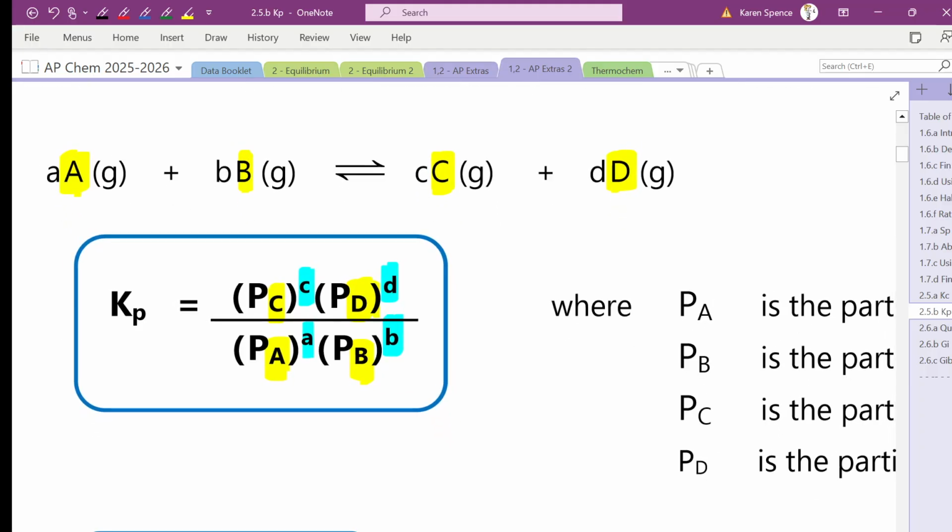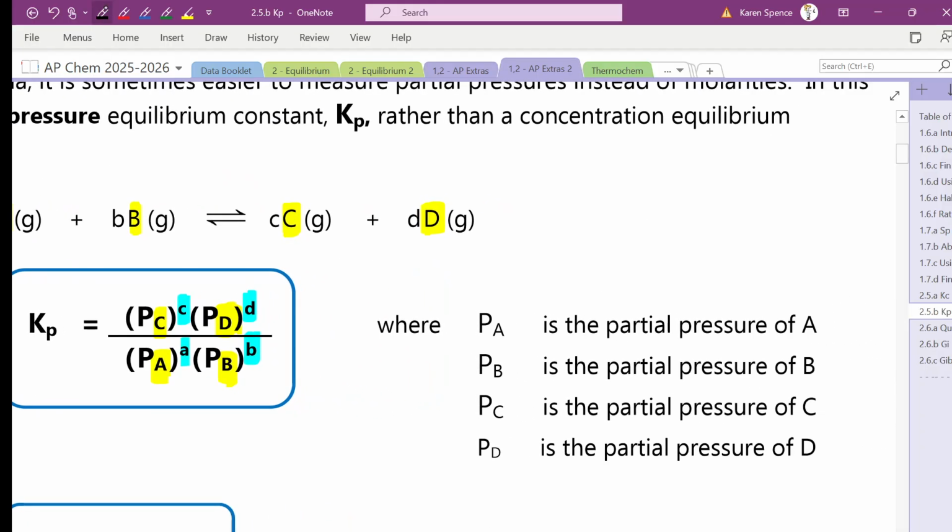All right, and if these were the four gases that we had, then the total pressure, P total, would equal PA plus PB plus PC plus PD. Is that good?